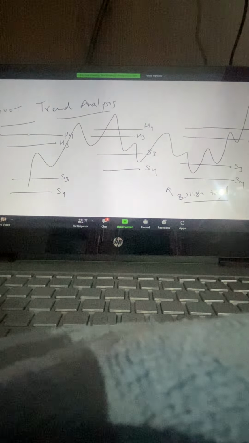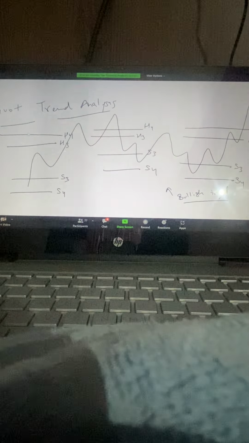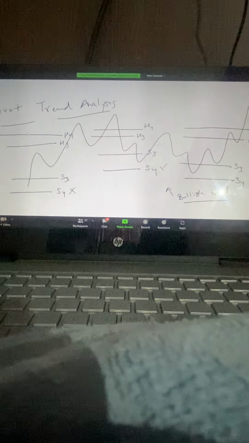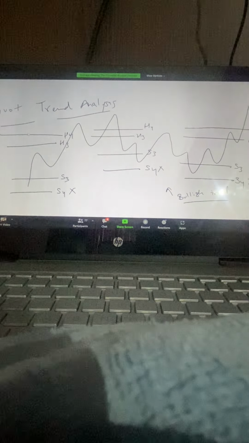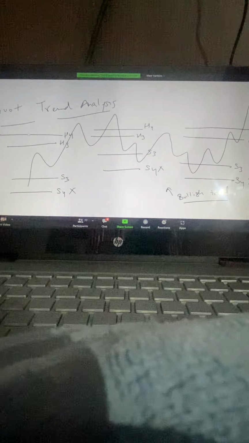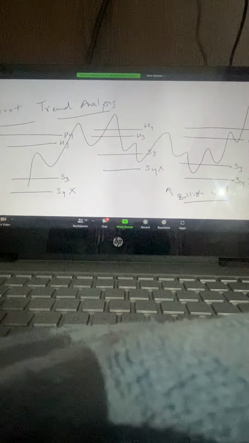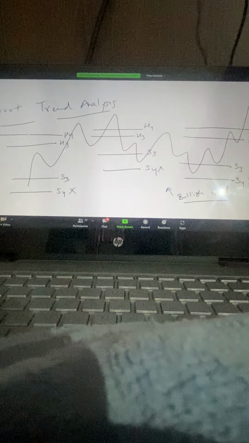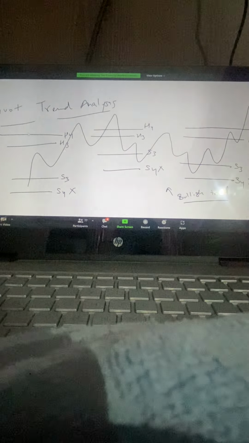In a bullish trend, okay, S4 will never be broken. Simple as that. Just a single statement. That's it. In a bullish trend, S4 will never be broken. H4 can break, H3 can break, all that is fine. Even S3 can break towards the downside, that is fine.